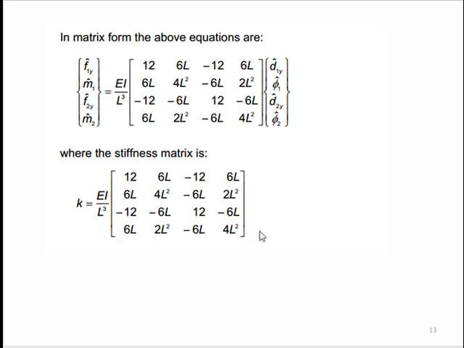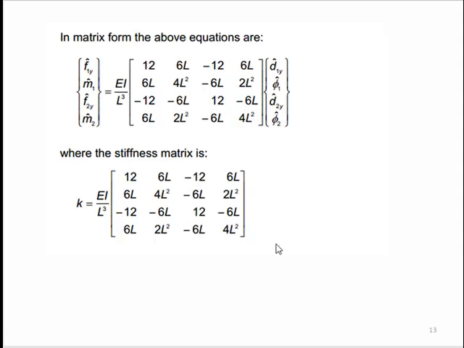Now, this was the case when the local and global axes were coinciding with each other. But just as in the case of trusses, where we have elements for which the local axis and global axis do not coincide, similarly for beams we have such cases.